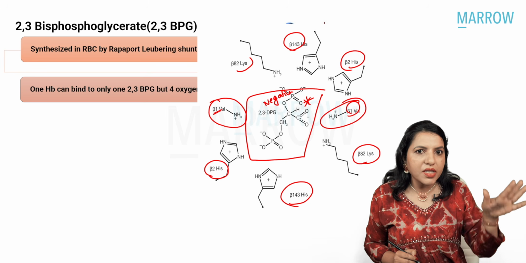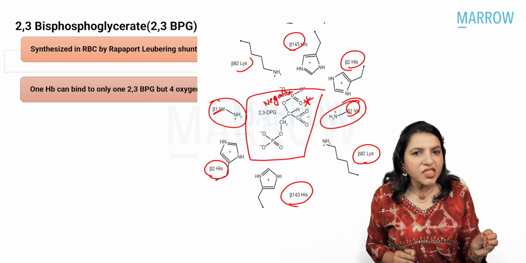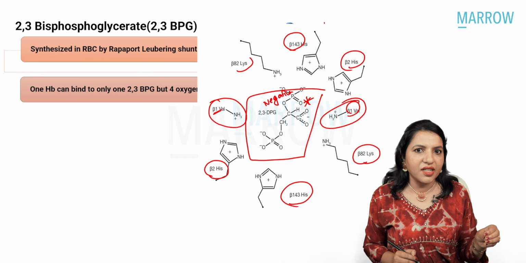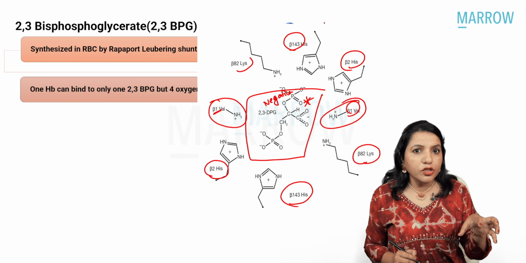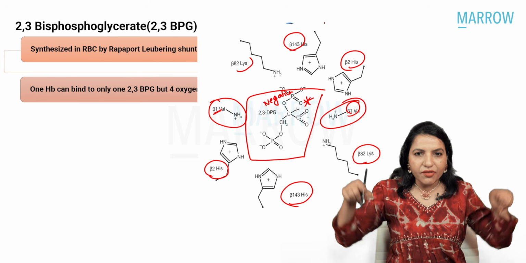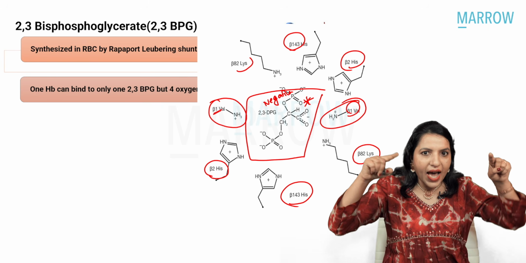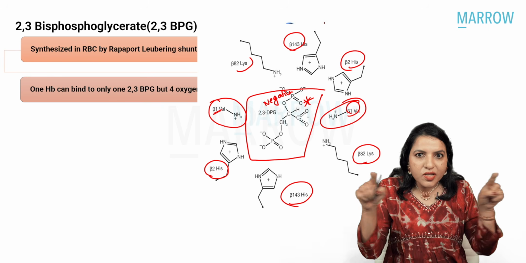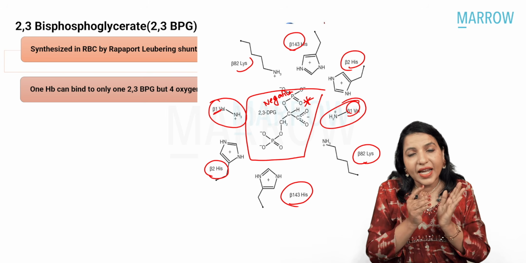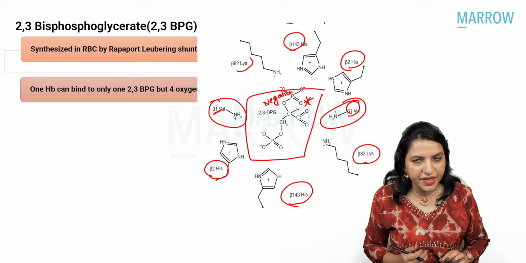So it forms ionic bridges, or salt bridges, with certain positively charged amino acids and positively charged groups present in the amino acids, and that too only in the beta globin chains. Even though it is present in the central cavity formed by the 2 alpha and 2 beta chains, the salt bridges are seen only with the beta globin chains. This is one thing that we should understand.